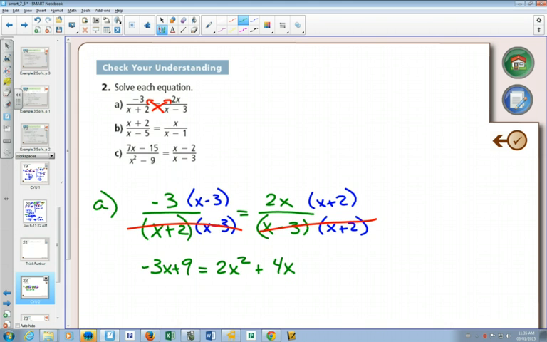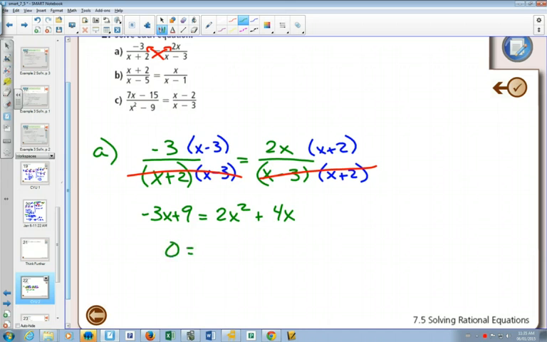We're learning new techniques to get rid of fractions, which is based on something we've learned before. So it's not really that new, but it's a new situation. And then after getting this far, we run into another situation, which we've dealt with before, is solving an equation that has an x squared.